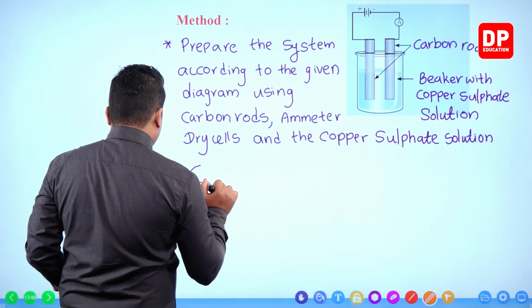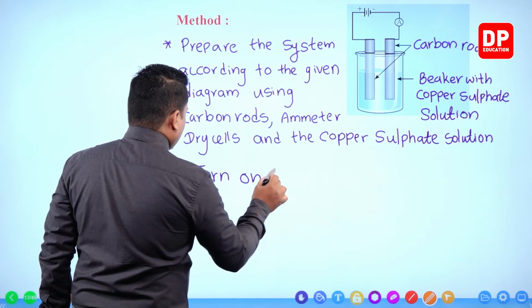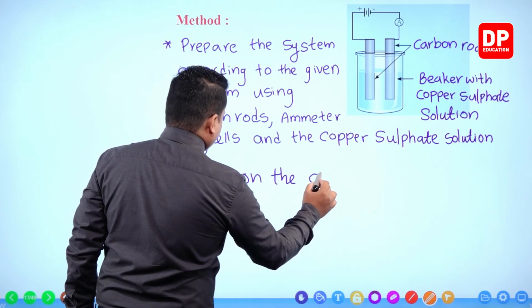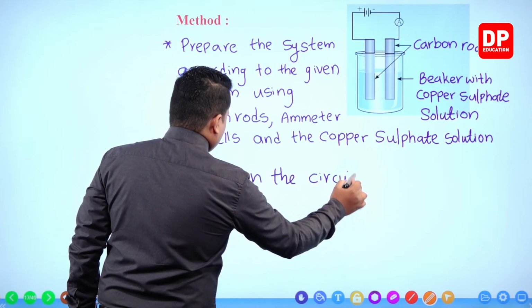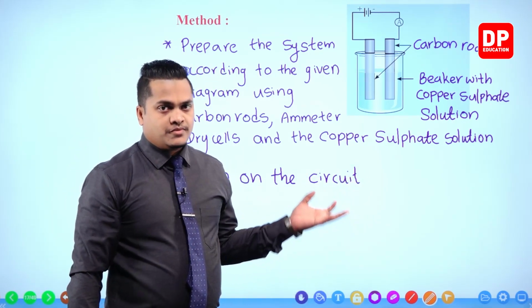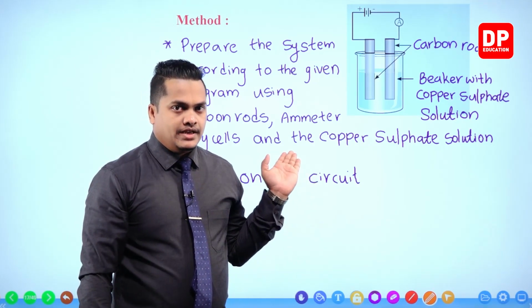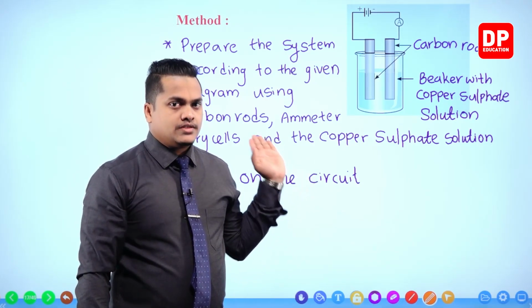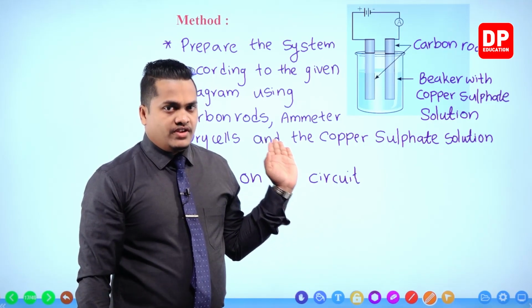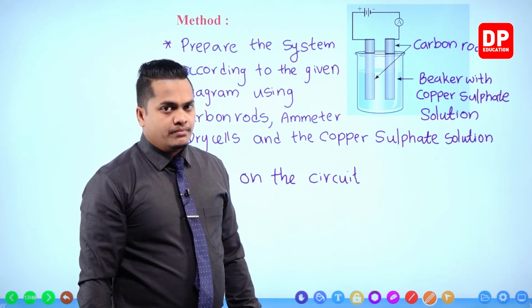Turn on the circuit. If you want, when you are doing this electrolysis process, you can use a switch. However, we need to turn on the circuit, and we need to observe what is going to happen with the solution after a few minutes.